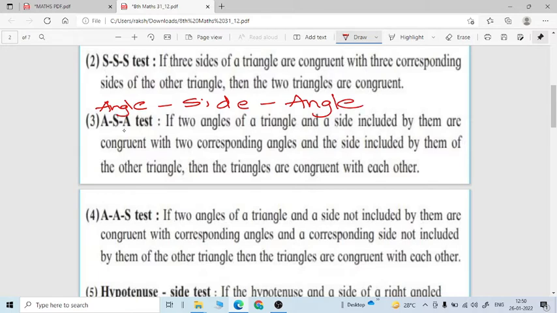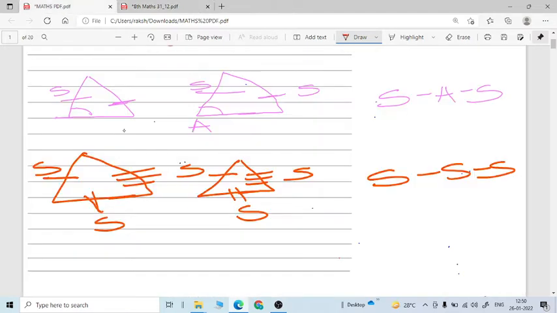What they have told is, if two angles of a triangle and one side included by them are congruent with two corresponding angles and one side included by them of another triangle, then they are congruent. Let me draw a triangle here for clear understanding.